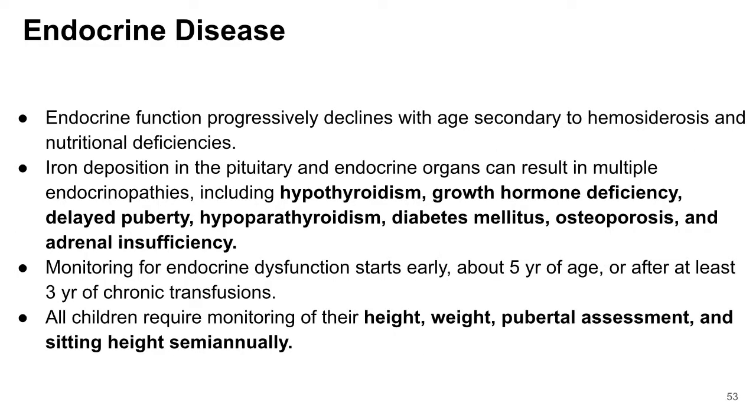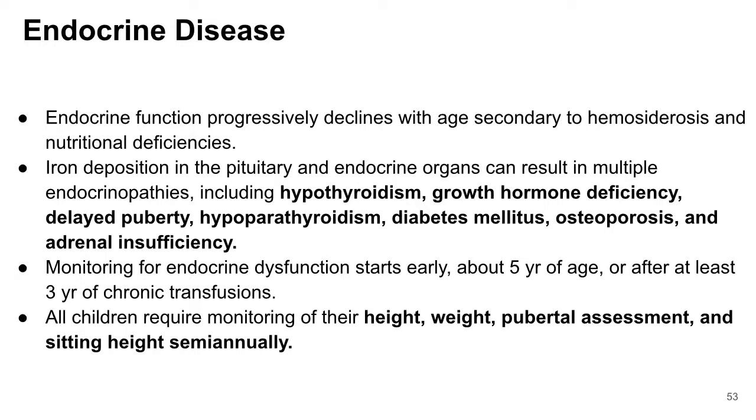Endocrine function progressively declines with age secondary to hemosiderosis and nutritional deficiencies. Iron deposition in the pituitary and endocrine organs can result in multiple endocrinopathies, including hypothyroidism, growth hormone deficiency, delayed puberty, hypoparathyroidism, diabetes mellitus, osteoporosis, and adrenal insufficiency.